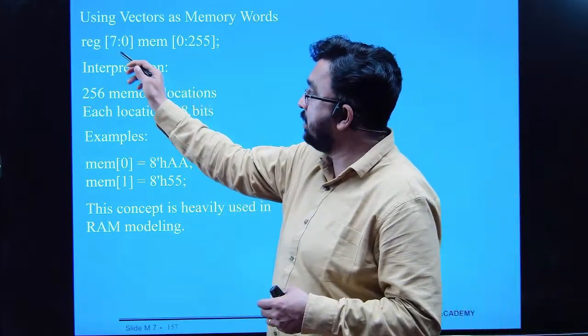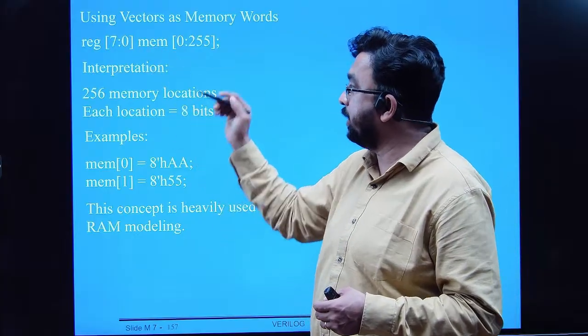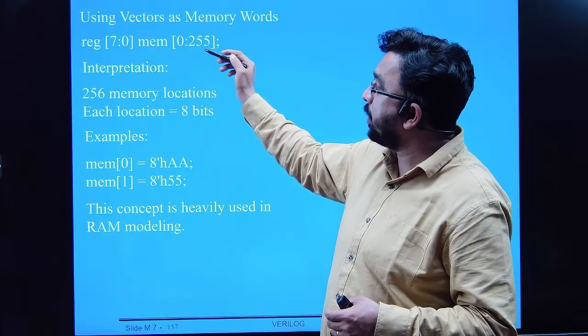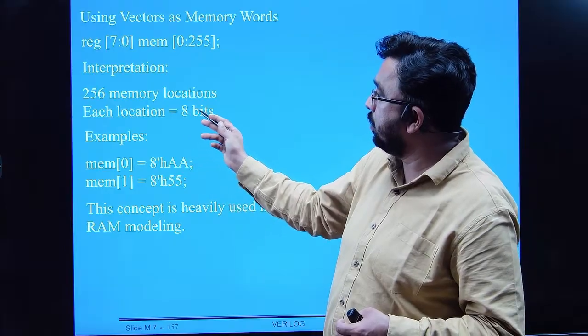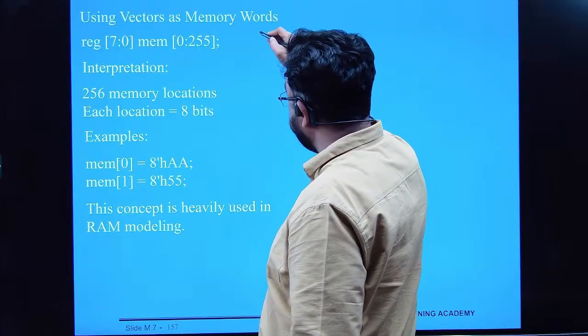So here 7 to 0 is the memory width, and 2 to 5 means 8 location bits. Basically you have 255, 256 locations like this.